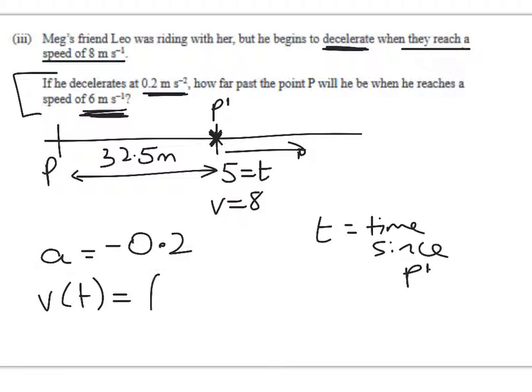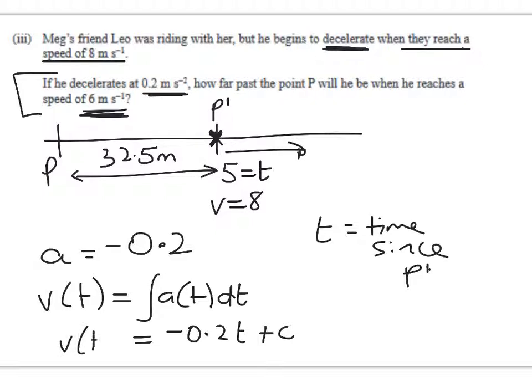So velocity we get by anti-differentiating this. Anti-differentiate that one, and we get negative 0.2 t plus c. Now we know that when t equals 0, this is my new t equals 0.